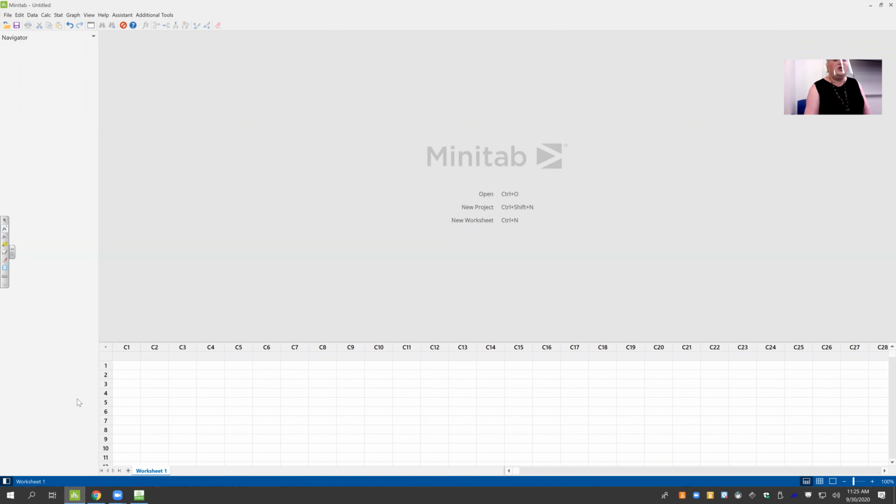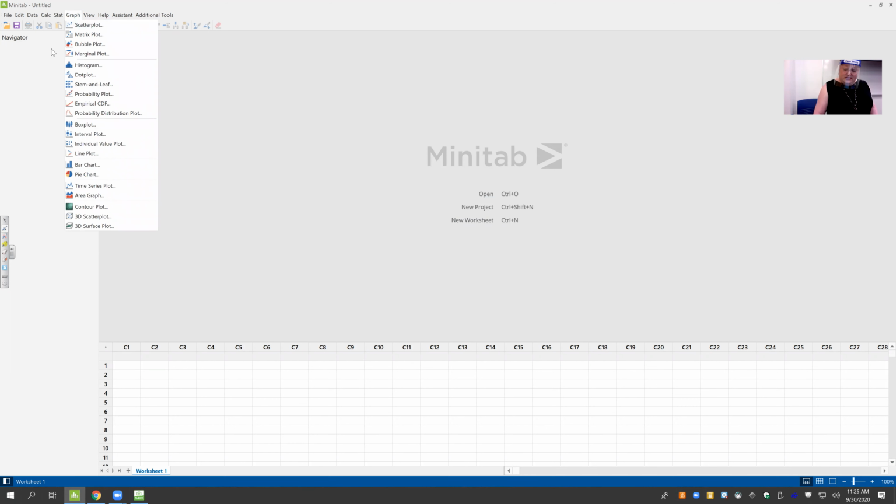Okay, we go to the top menu bar to graph. I'll make you some notes as we go over here so we can keep up with what we're doing. We're going to graph, and we're going to choose probability distribution plot. Okay, because we're talking about probability distributions, and I want Minitab to draw me the picture.